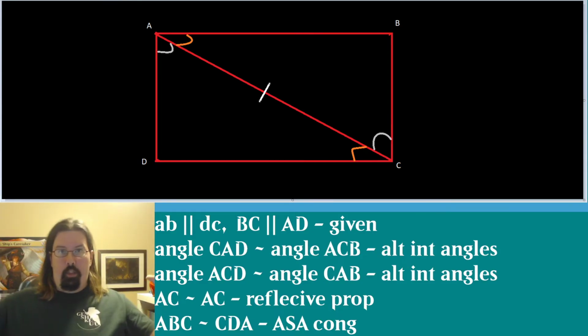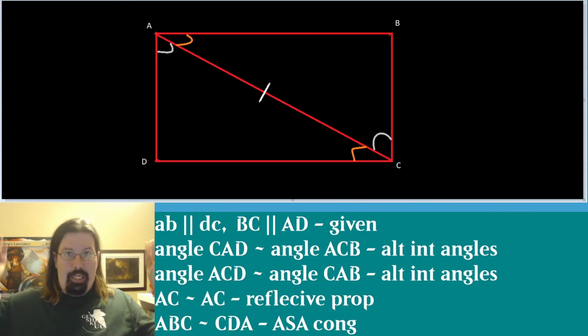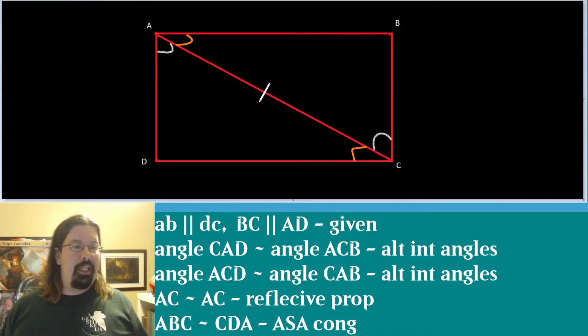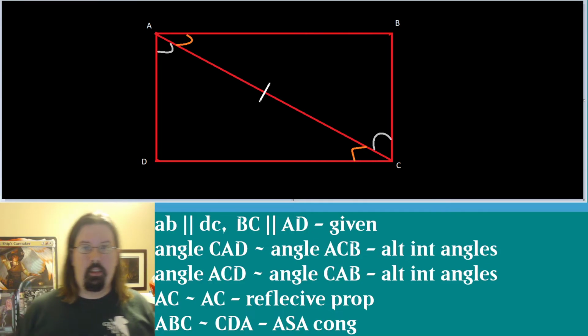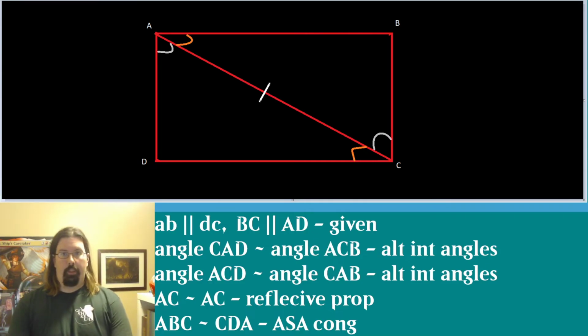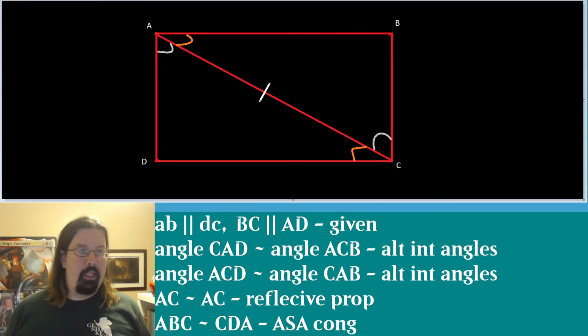The outer letters determine the legs of your angle. So CAD is this angle right here. It's centered at A with legs CD. The second one, ACB, is centered at C with legs B and A.